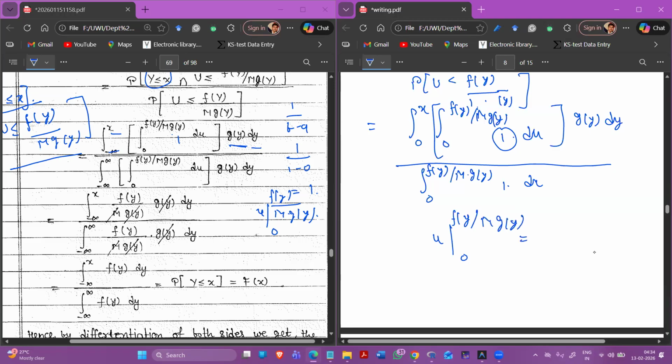What will it be when you put the limits? fY divided by M into gY minus 0. So that means it will remain as it is. So if you put it here, what will it be? Integral 0 to x, fY divided by M into gY into gY dY.